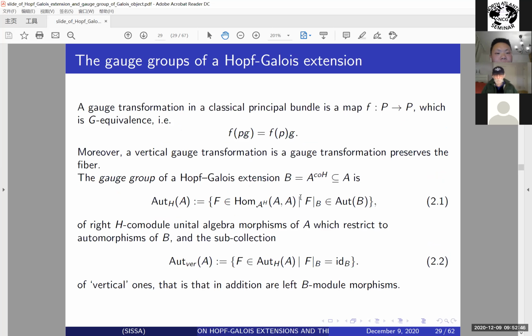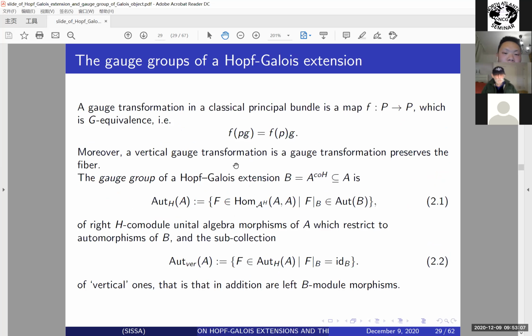So now I will give the introduction of gauge transformations of a Hopf-Galois extension. First recall that a gauge transformation on the classical principal bundle is a map F from P to P which is G-equivariant, which means F of (Pg) is equal to F(P) times g.